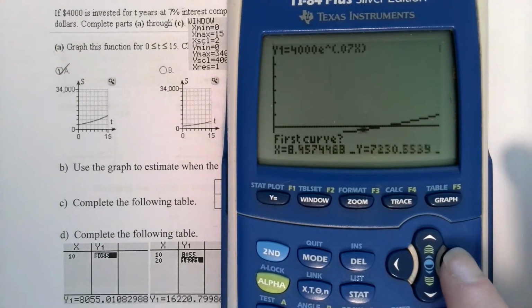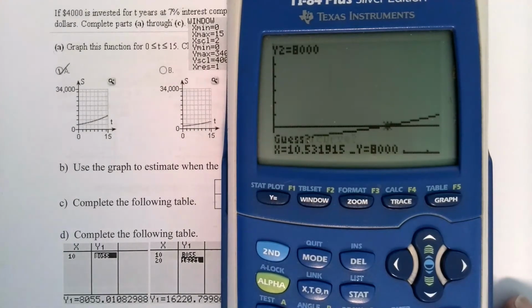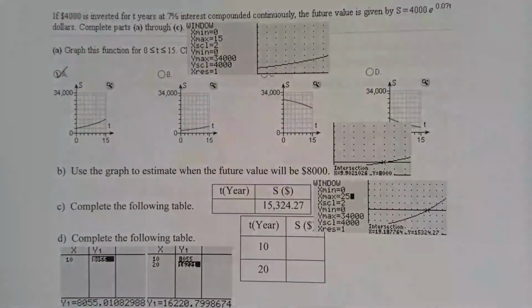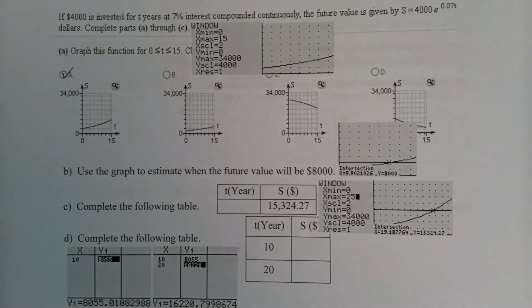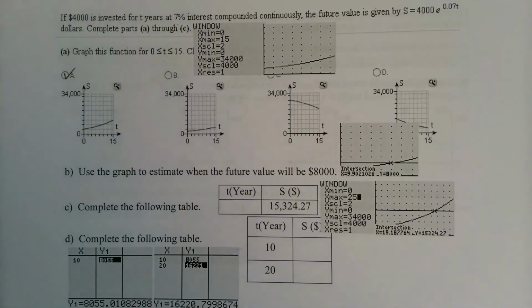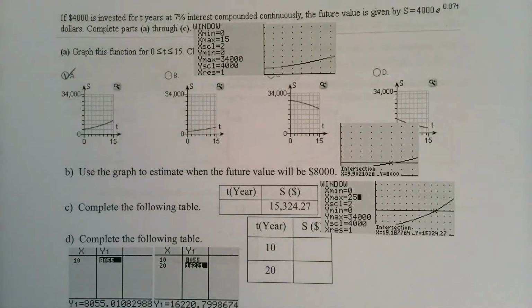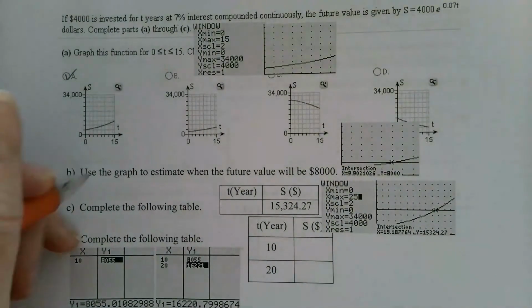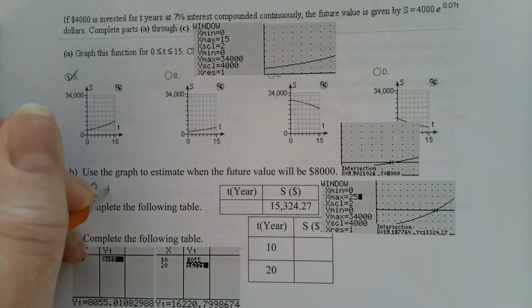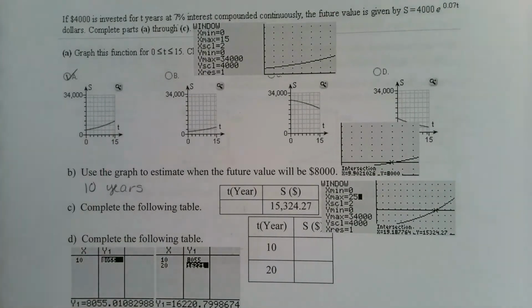I'd move over to the intersection and press enter 3 times, and I would get that this intersects the line y equals 8,000 at about 9.9. So it takes about 10 years to be worth 8,000.